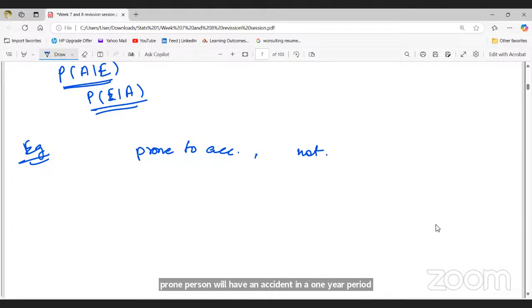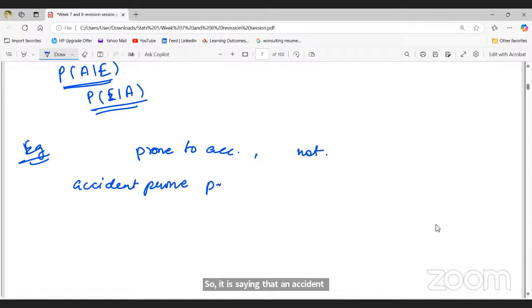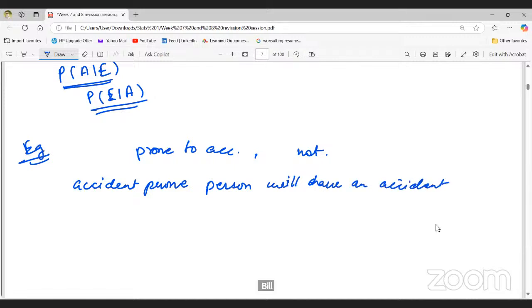So it is saying that an accident prone person will have an accident in 1 year with a probability 0.1.